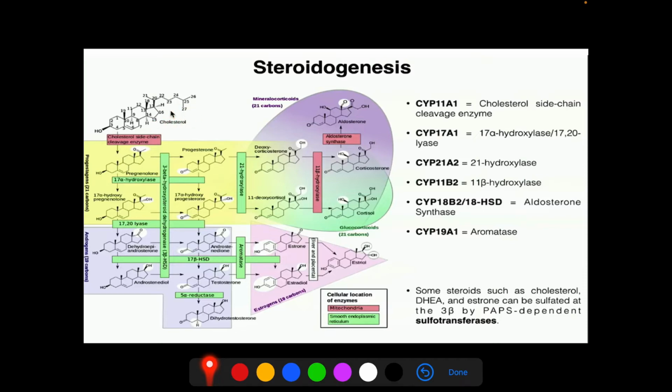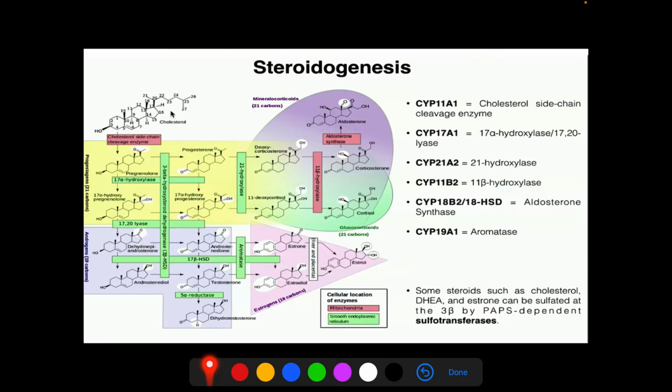And take note that cholesterol has a lot of functions. That includes stabilization of the cell membrane and the production of bile acid. I guess I have mentioned this in the blood chemistry. But take note that one of the most important functions of cholesterol is its conversion into these steroid hormones.